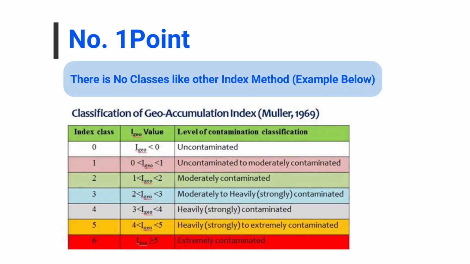The number one point to remember is that this index method is unlike other heavy metal index methods, where the calculated index value will fall under any of the different classes or ranges, which then represents the level of heavy metals present in the samples of interest.